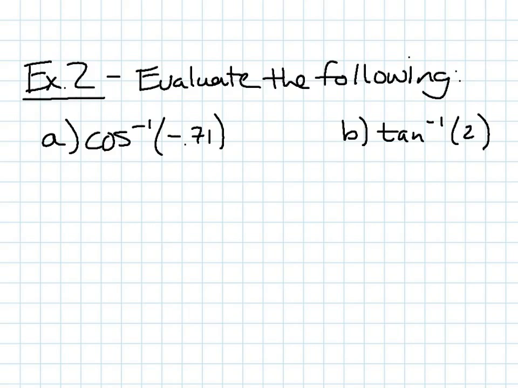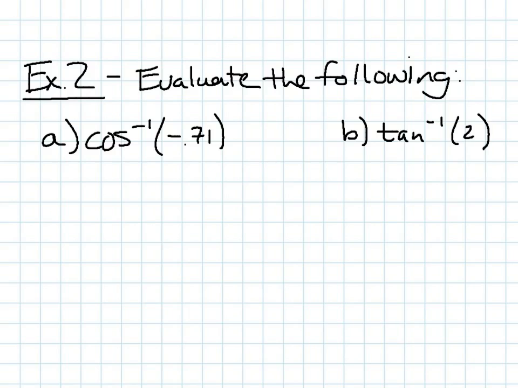use our calculator. So if you take out your calculator, if I want to use the inverse cosine, next to the trig functions on your calculator there should be buttons that say cosine or sine or tangent to the negative first power.